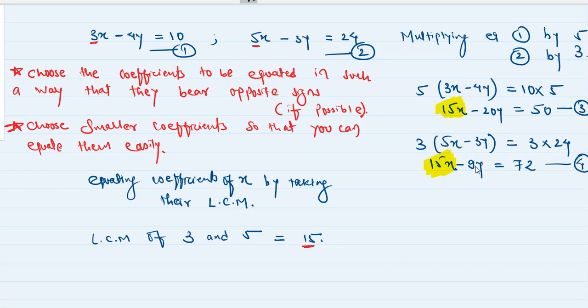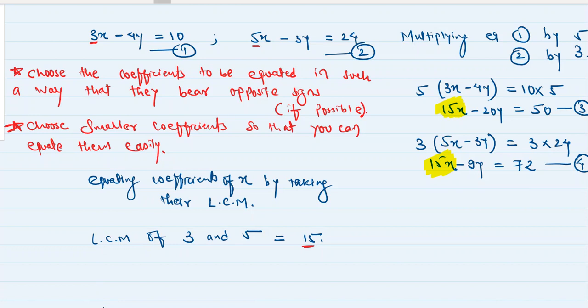So always remember that you can substitute the value of y or x or any of the variables which you have got in equation 1 or 2 only, because they are the simplest equations. Or if you have got a much simpler equation, you have to choose that equation and substitute the value of x or y in that. So always choose a simpler equation for substituting the value of any one of the variables which you have got.